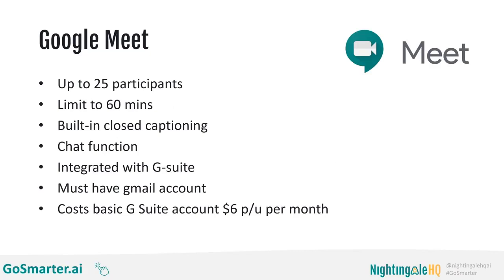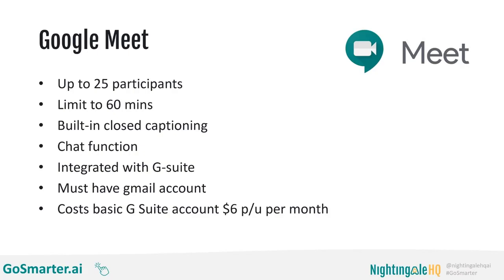Then there's Google Meet. So for companies that tend to use the G Suite more than Microsoft 365, Google Meet is already available to you. So your G Suite account is costing you $6-ish per month, depending on how much storage, and it's already included in that if that's the system that you're using.